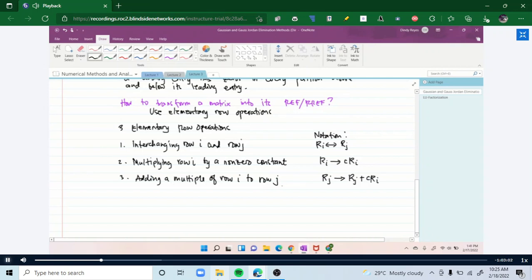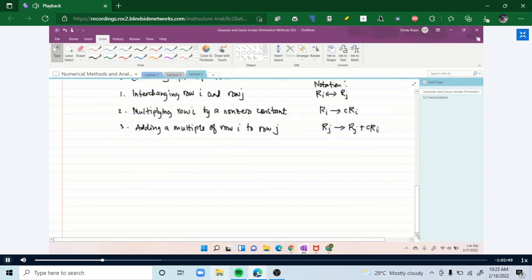Okay, so to solve a system using Gaussian elimination method, what we'll be doing is to transform the augmented matrix of the system into its REF using elementary row operations. Okay, so that's what we'll do in the example. Solve the system of linear equations above by Gaussian elimination.